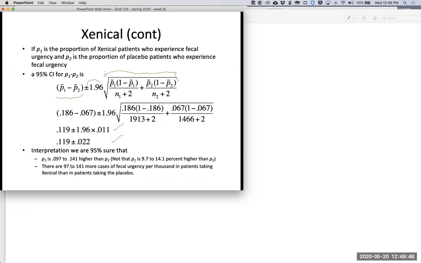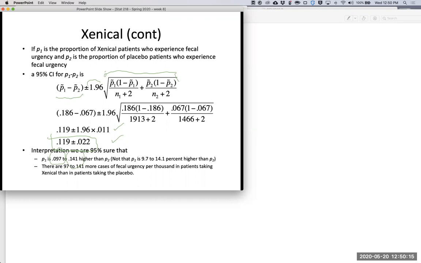So how do we get to an interpretation? Well, I think an interpretation is a good thing. I'm 95% sure that something is in the range 0.097 to 0.141. That is my margin of error, added and subtracted around my estimate, 0.119.